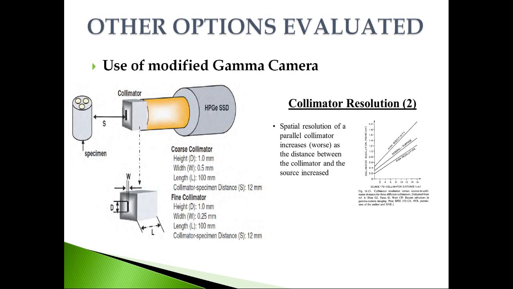We can increase the resolution by altering the dimensions of the collimator, as can be seen in this diagram, and the distance from the source. The distance from the source can be reduced to a very little extent, as we are actually opening the brain surface, so we can reduce the distance between the gamma source and the collimator.